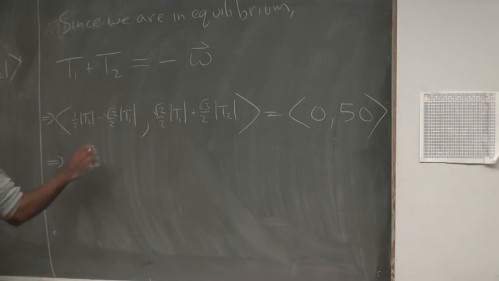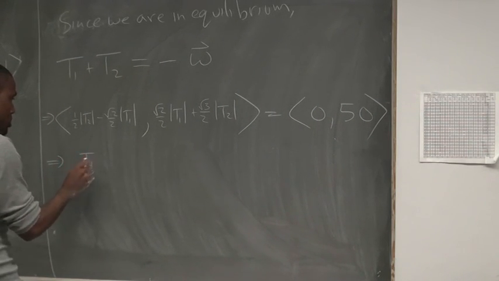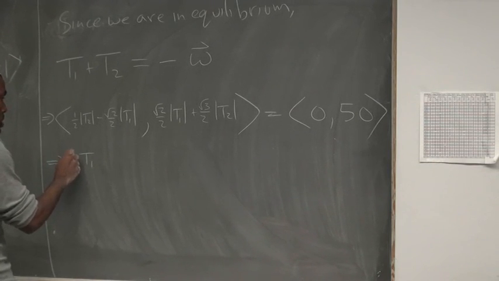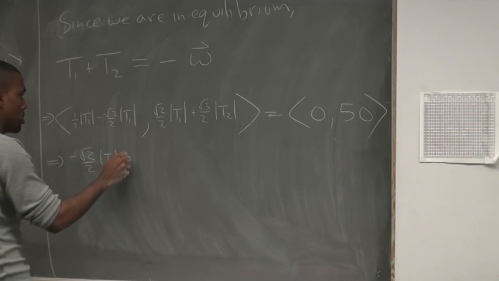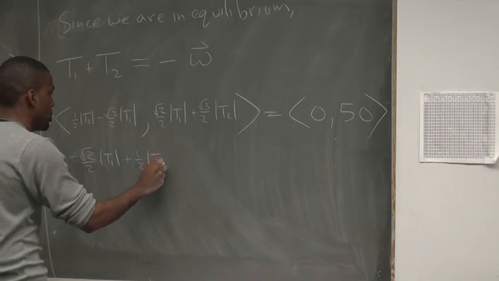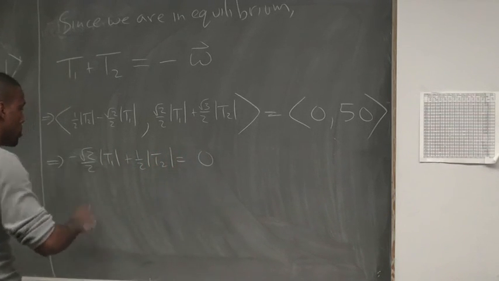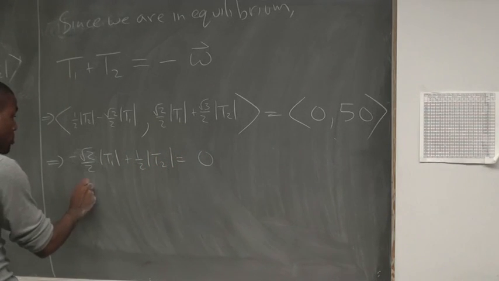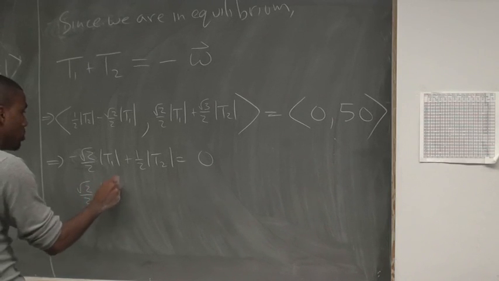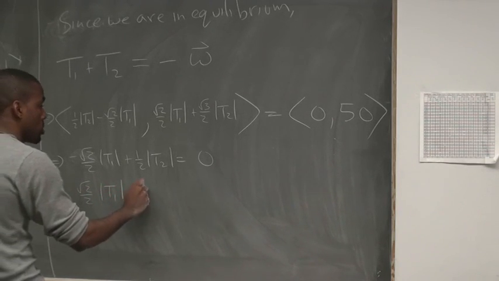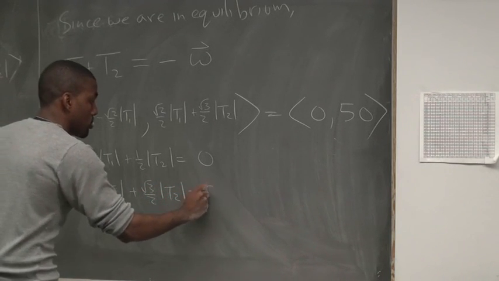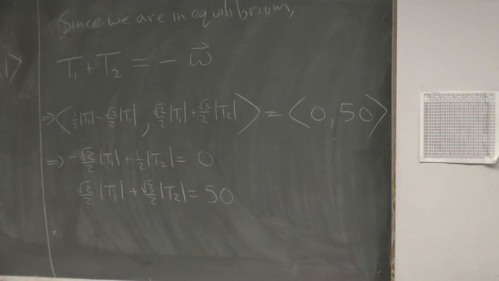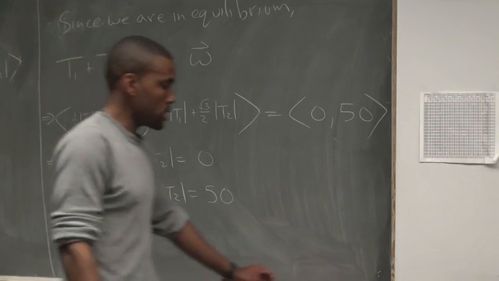So this means minus radical 2 over 2 T1 plus 1 over 2 T2 is equal to 0. And radical 2 over 2 T1 plus radical 3 over 2 T2 is equal to 50. Now I have two equations, two unknowns. I can actually solve for these.